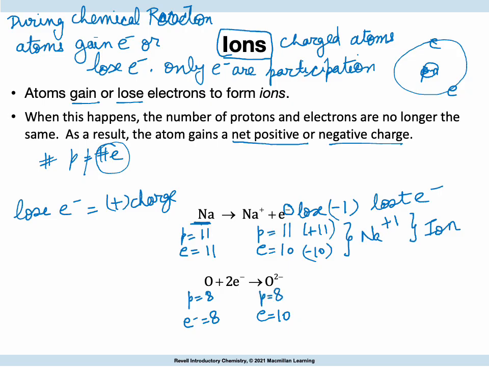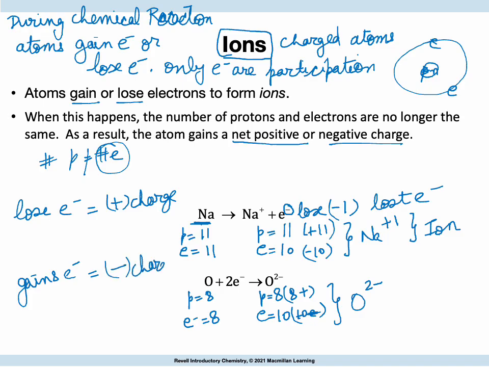Still 8. So it has 8 positives, but it has 10 negatives, which means the negatives are more. So overall, oxygen will carry a 2 negative charge because it has 2 extra electrons. So whenever an atom gains an electron, it will carry a negative charge. Always remember that. Loses positive, gains negative.